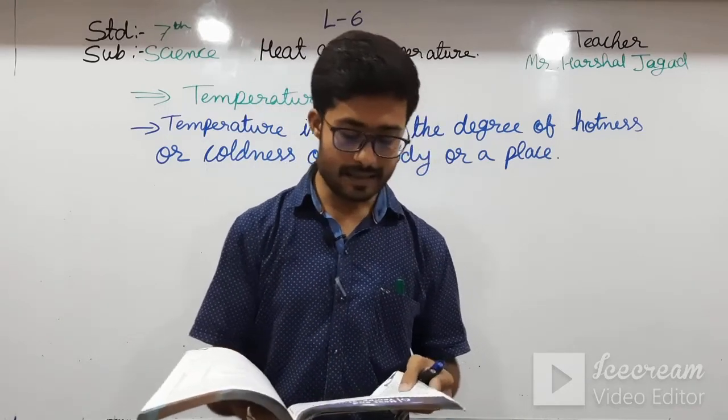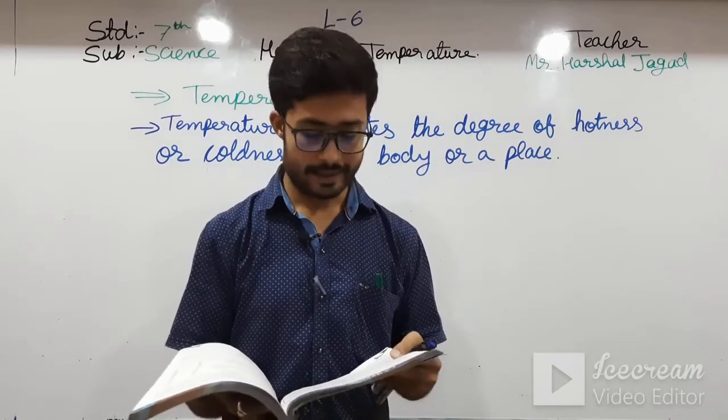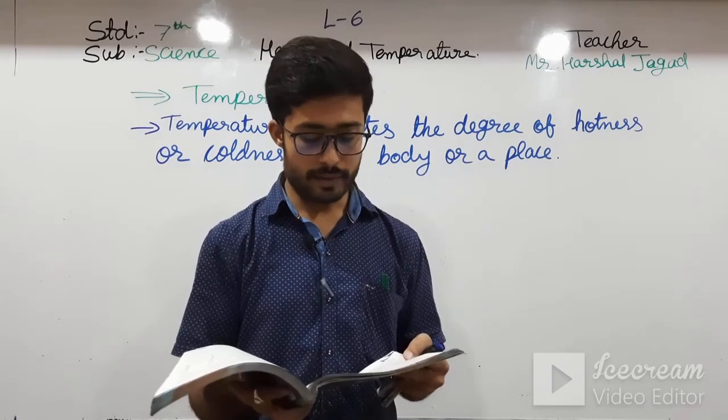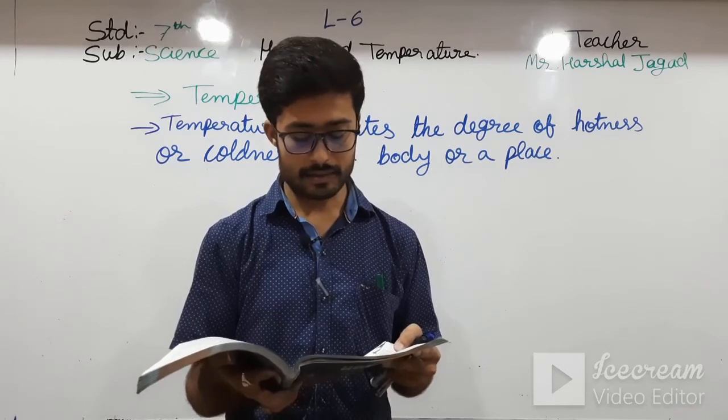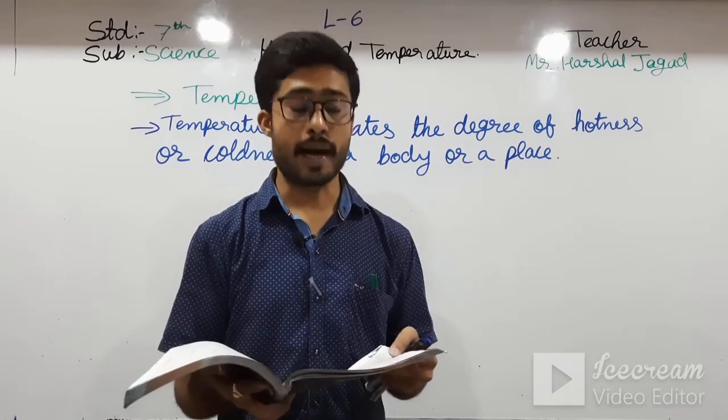Method: place the 3 glasses side by side on a table. Pour water at room temperature in the middle glass. Pour ice cold water in the left glass and hot water in the right glass.